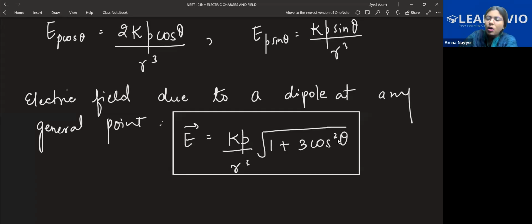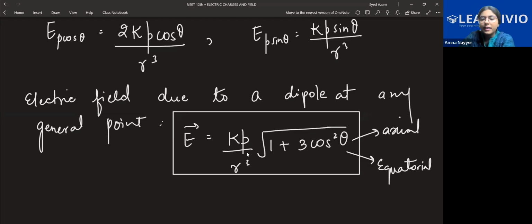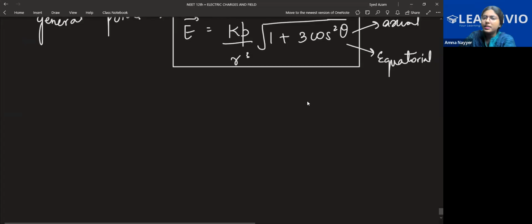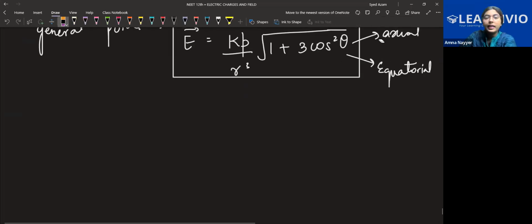So from this, you already have your axial and equatorial. Now see, for equatorial, theta is 90 degree. Cos 90 is 0, root 1 is 1, so kp by r cube. So from this formula, you can get your axial and equatorial back. This is a general formula. Just remember it, and with its help you will be able to get the electric field due to these points back.